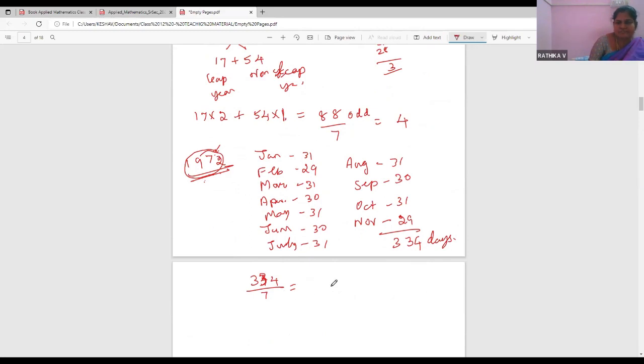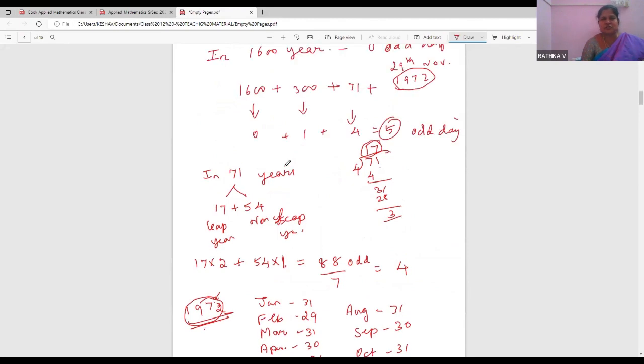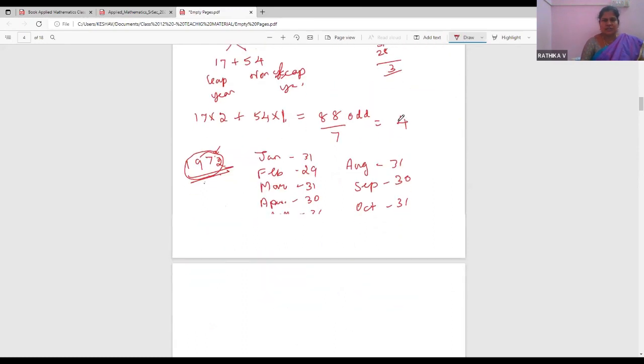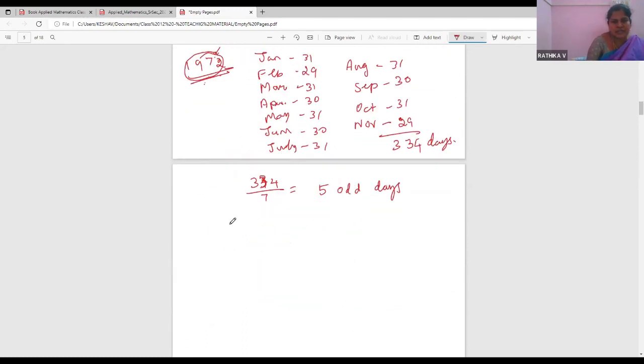How many odd days? 5. 5 odd days. Okay. So 5 odd days, we have to take along with this. So already we have calculated and added, and here you have 5 odd days. So I write all the calculation together. Till 1600 years, we have 0 odd days, and the next 300 years, the number of odd days.